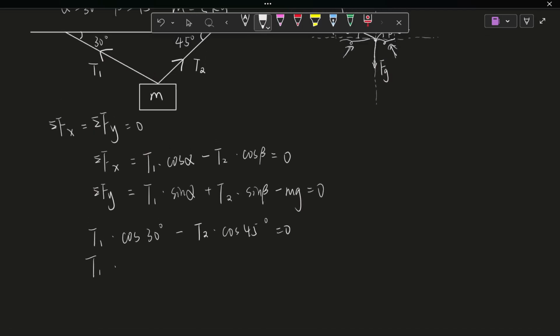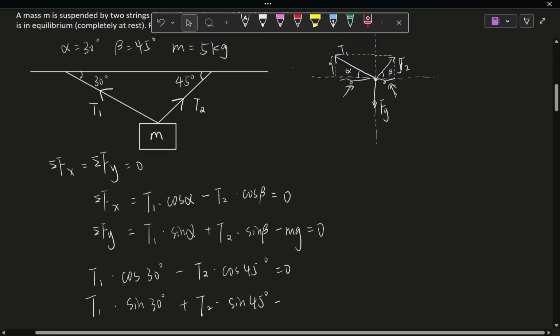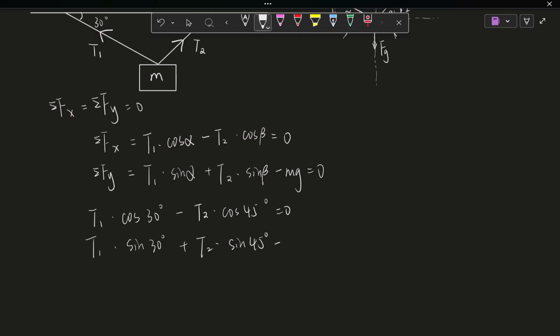T1 times sine 30 degrees plus T2 times sine 45 degrees minus m, what is the mass of the object? 5 kilograms. Minus 5 times, I'll use 10 as g here, 5 times 10, is equal to 0.